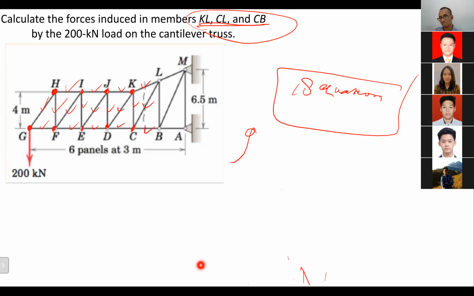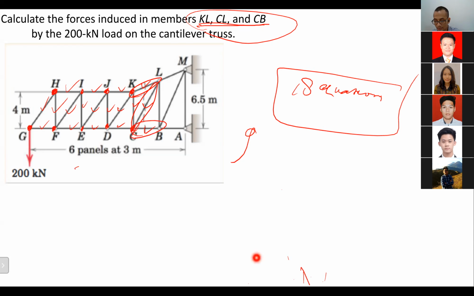So there is one huge disadvantage of using the joint method. If we have to solve for all the members, yes, the joint method will be advantageous for us. But if we just need to solve for certain members, for example, in this particular problem, we are only asked to find the stress at the load at members KL, CL, and CP.